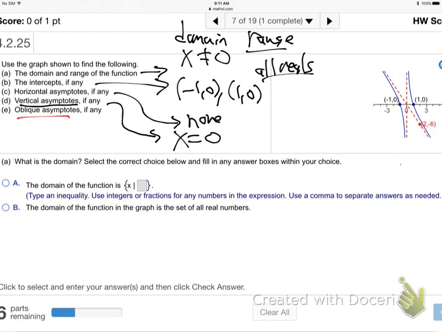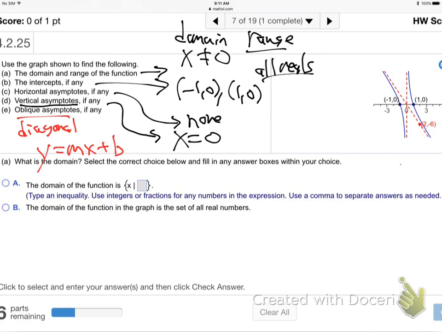It's got one of those. It's got a diagonal dotted line, doesn't it? Remember, oblique means diagonal or slanted. So basically, I need the equation for this dotted line right there, which is going to be y equals mx plus b kind of an equation, because it's a line. So how do you get the equation of a line? y equals mx plus b.